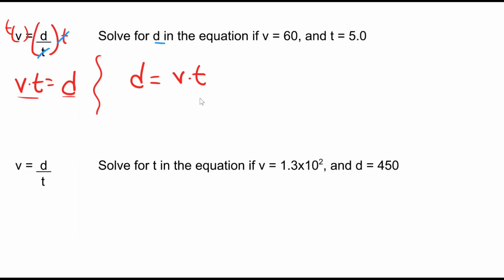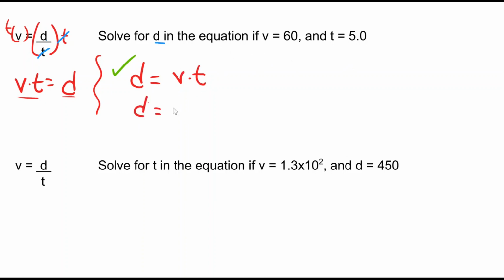And when we're rearranging equations in science, it's really important that you give us the rearranged version. Often we will mark you. Your questions will be worth 2 or 3 marks, and you'll get a mark just for giving us the rearranged version. And then you'll get another mark for substituting the values in. So we know what v is. v is 60.